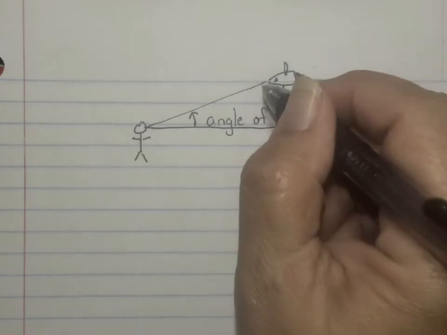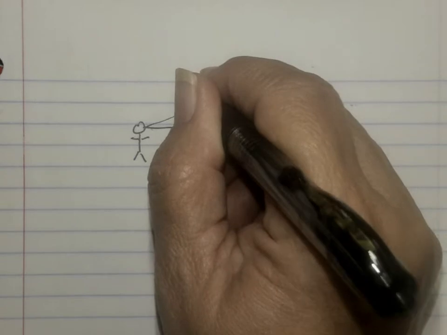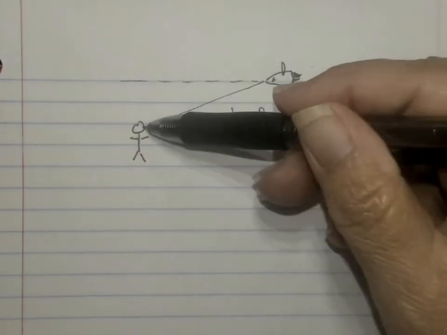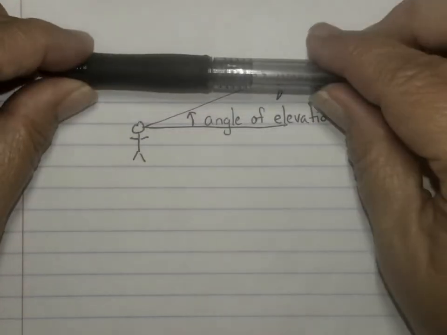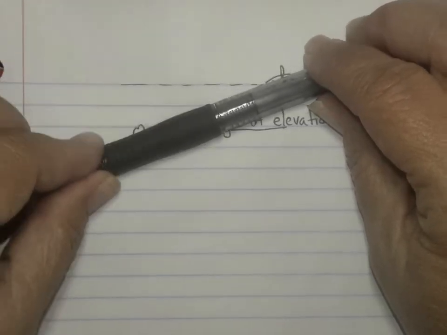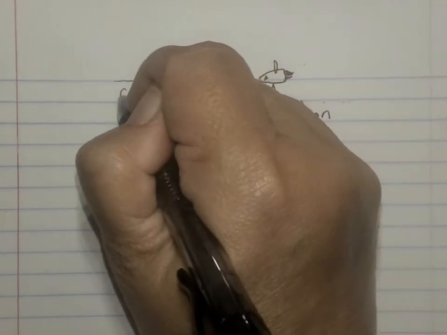Alright. What if I wanted to know the angle that the plane formed with this person's eyesight here? So if I was even with the plane and then I went down, this angle is an angle of depression.